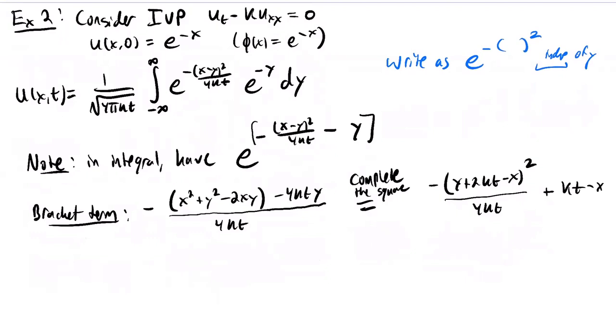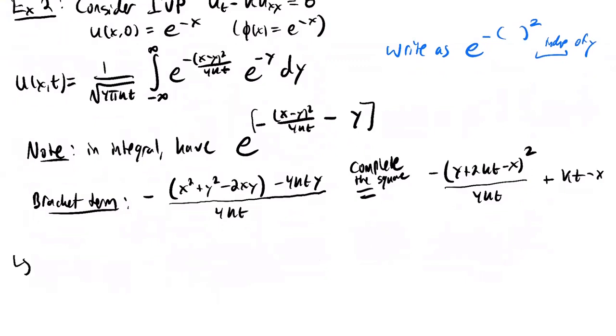And so if I now plug this into the integral, I get u of x, t is equal to 1 over the square root of 4 pi kt, integral from minus infinity to infinity. What am I left with? Well, this is what I was plugging into the exponential, what is in the brackets above.